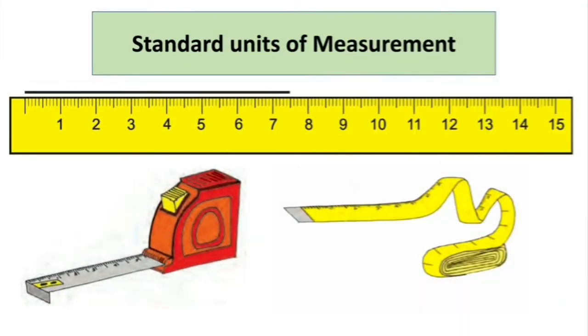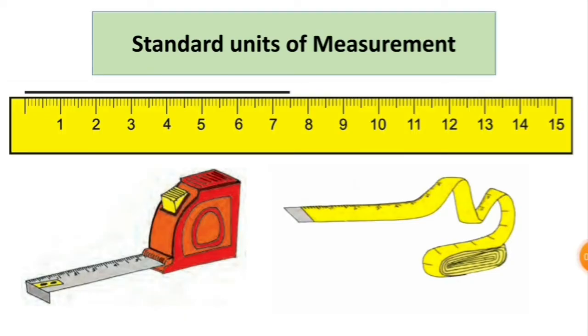Standard units of measurement. Children, we have observed that non-standard units of measurement do not give the same results. So, we need to use some standard units for measuring lengths. Otherwise, the measurements of an object will be different when measured in different ways.